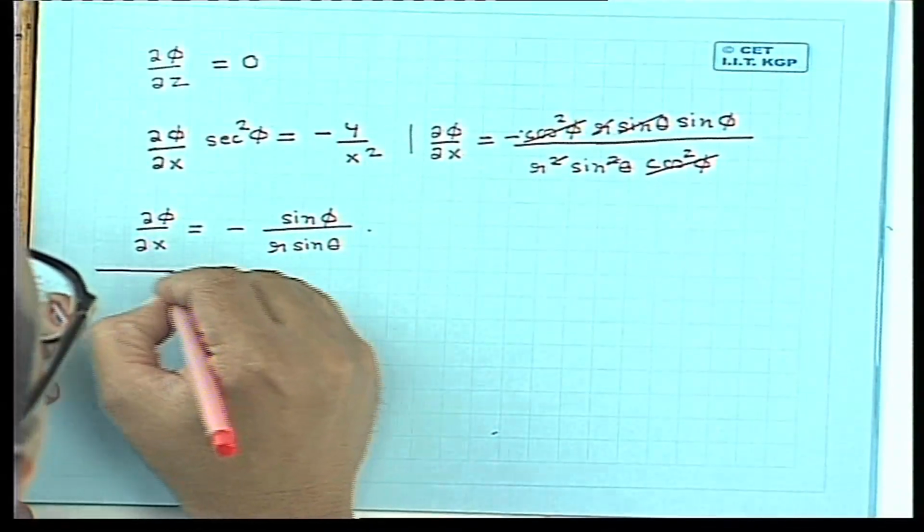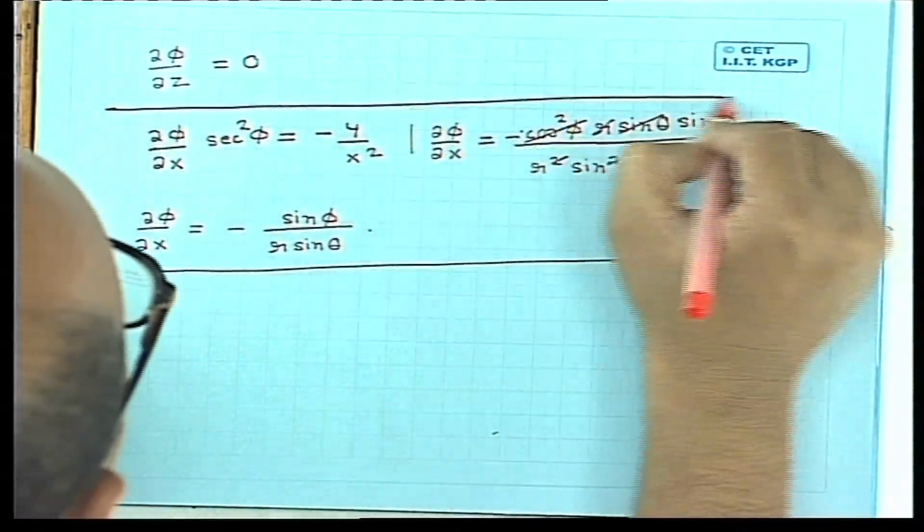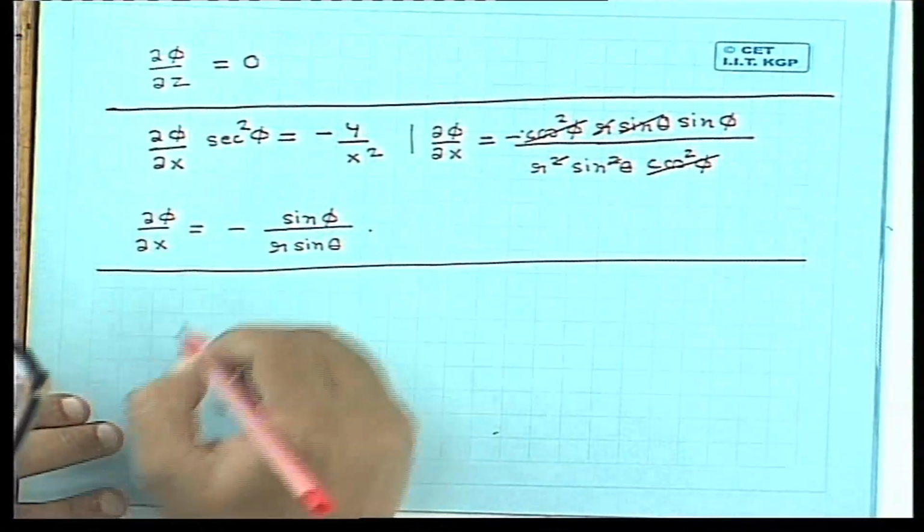Let me also work out the last derivative which is required, which is del phi del y.